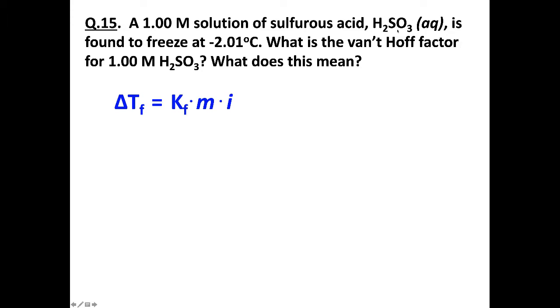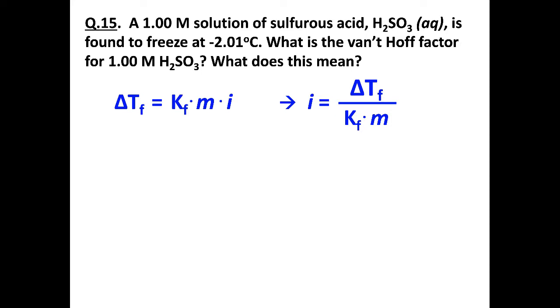But you might note H2SO3, there's kind of an implication here that maybe we don't know how many pieces that breaks apart into. And if you think back to Chem 1A, we talked about acids, of which sulfurous acid obviously is one, and how we would treat that in terms of its dissociation and it being a strong acid or a strong electrolyte. So let's see what we get here.